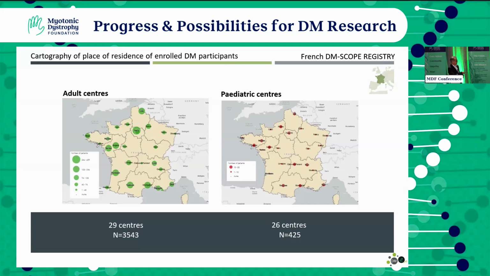It started with the adult DM1 population, which is where I am, as I am more an adult neurologist. Some years after, we extended to pediatrics, and now we have the whole population from congenital to late-onset adult. This is quite important for epidemiologists, to avoid biasing your population.